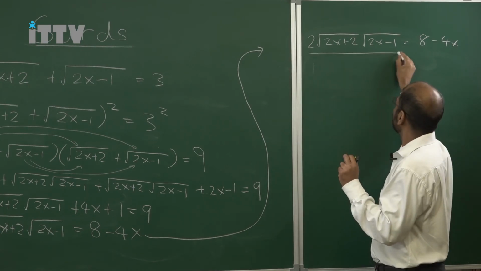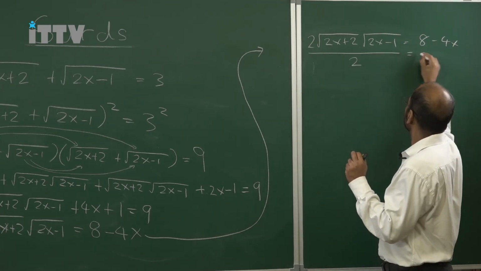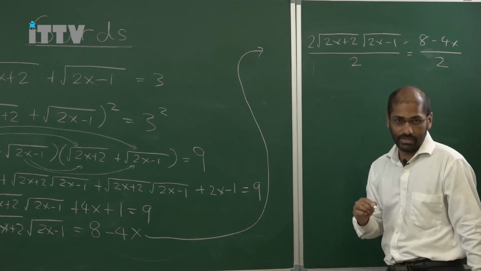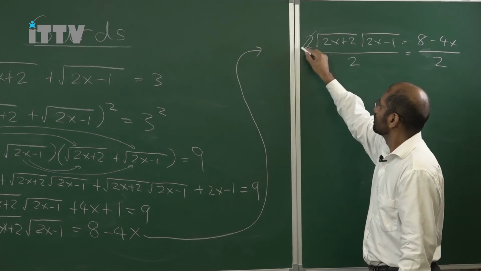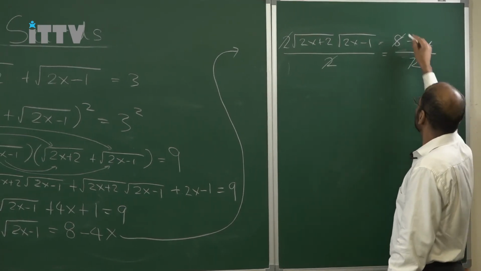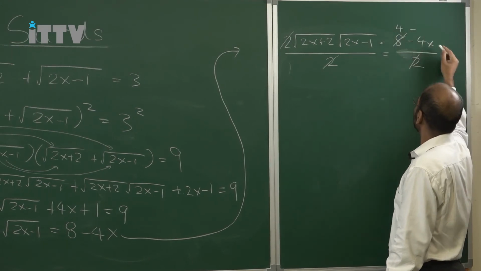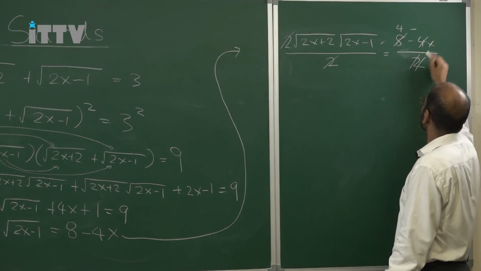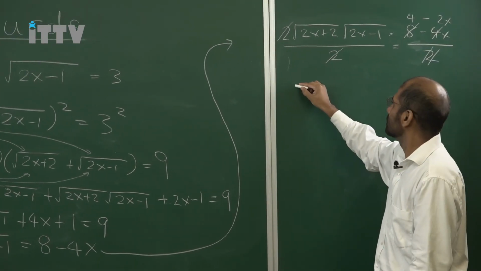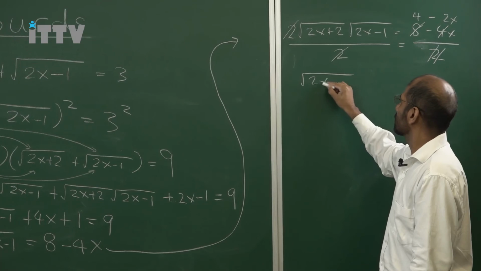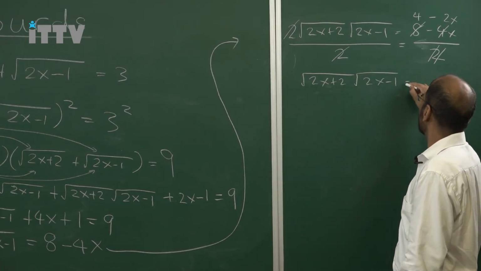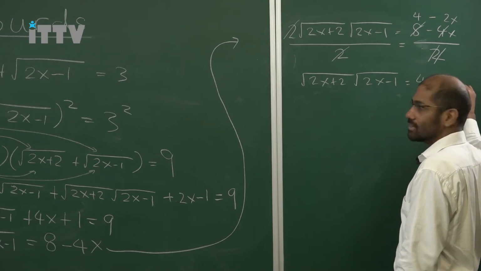So I'm going to divide the left by 2, and I'm going to divide the right hand side by 2 over here. So we can cancel off the 2. 8 divided by 2 gives us 4, minus 4x divided by 2 gives us 2x. So we are left with this expression now, surd 2x plus 2 into 2x minus 1 equals to 4 minus 2x.